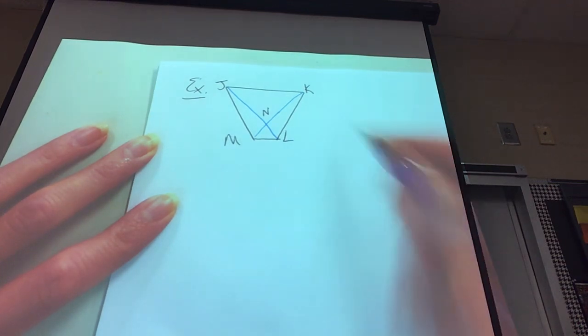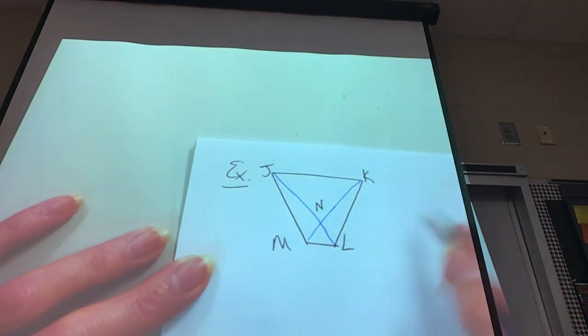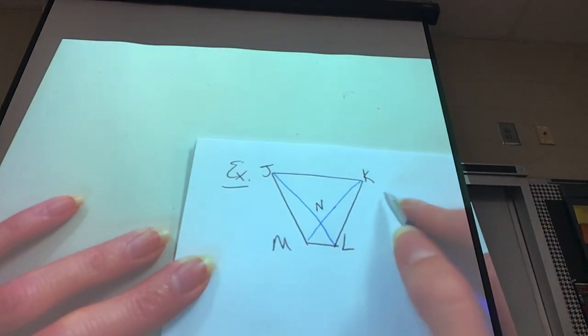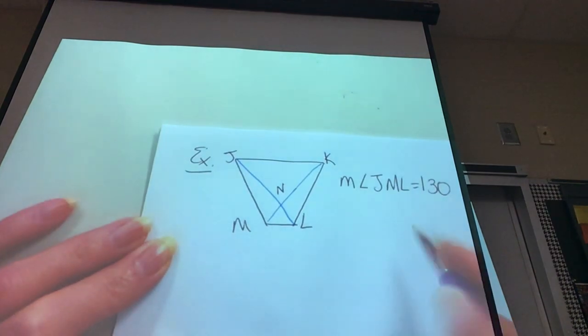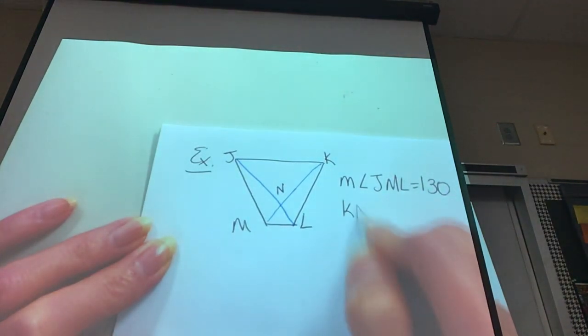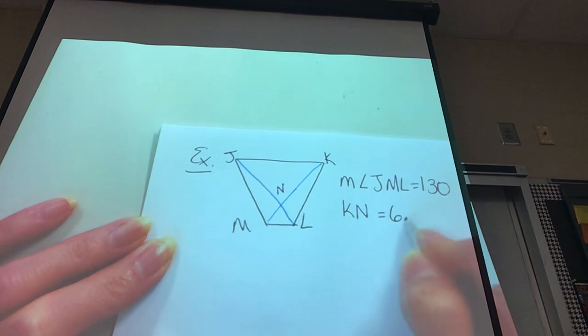Now, what they're going to tell us in this picture is they're telling us that the measure of angle JML is 130. They're telling us that KN is 6.7.